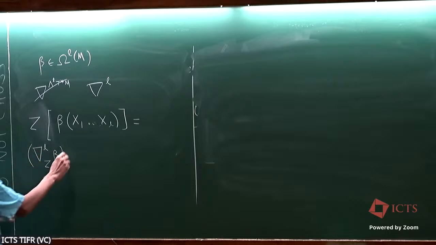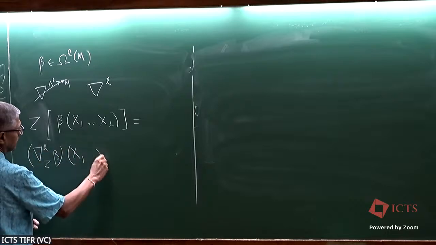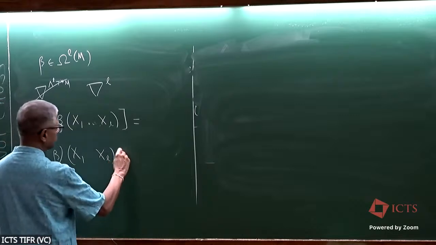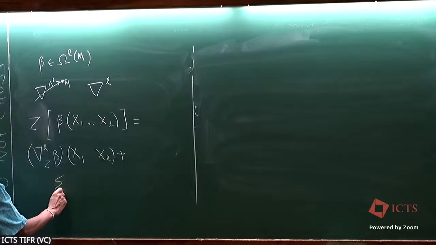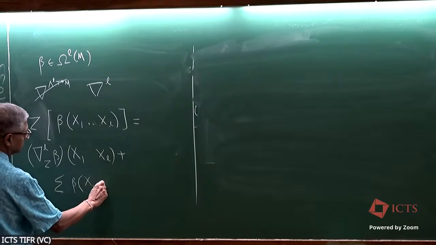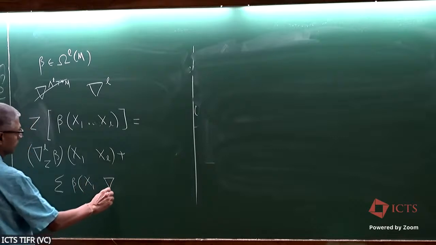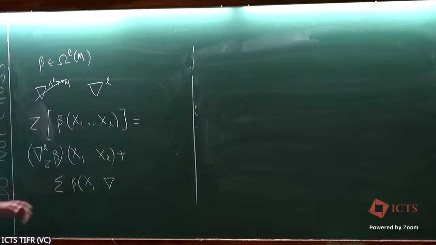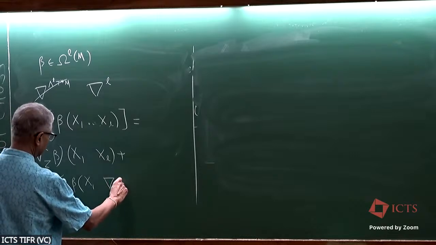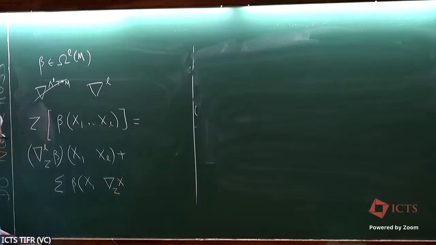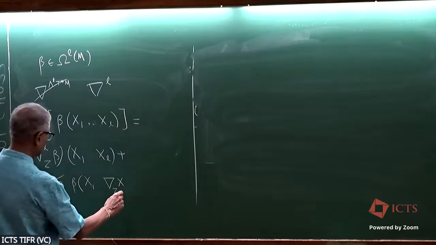This is what will define it, x1 through xl, plus summation beta x1, the ordinary, the affine, the covariant derivative coming from the affine connection of xi.